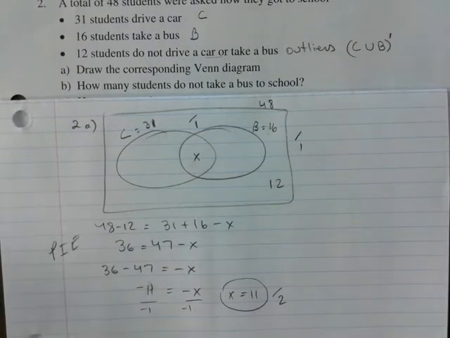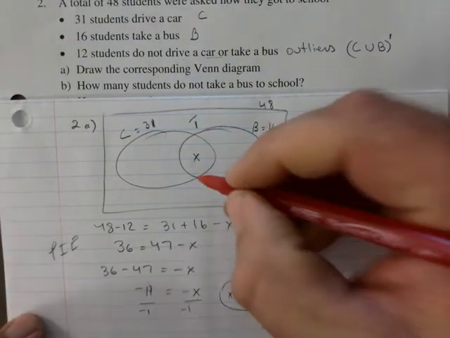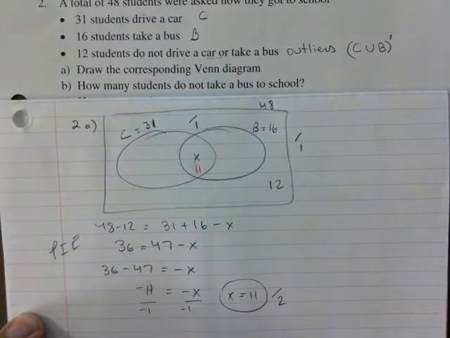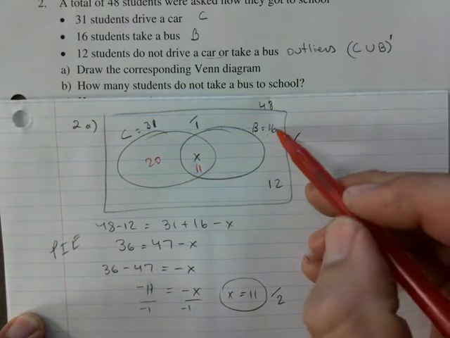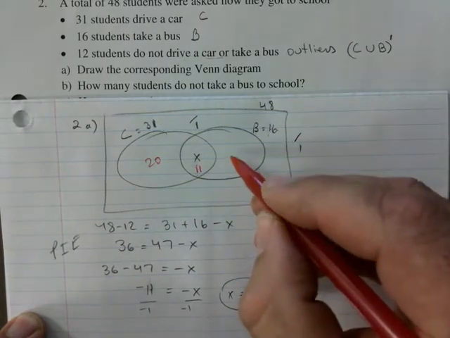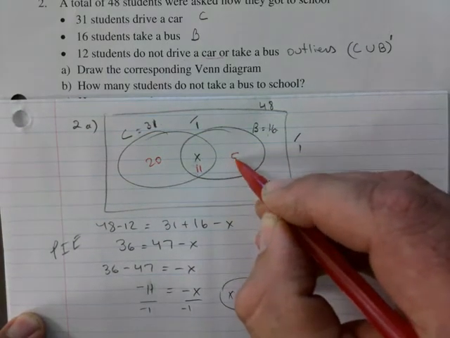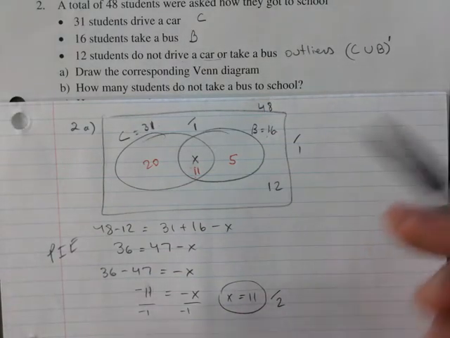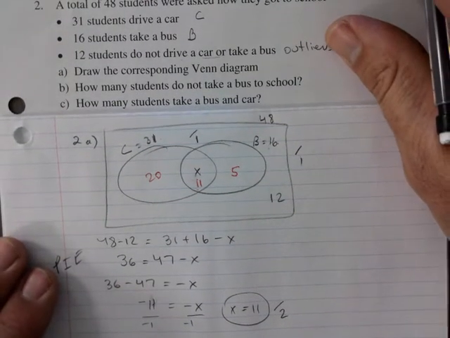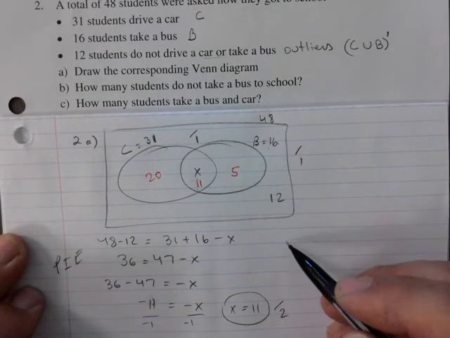I'm going to now fill in my Venn diagram. 11 is there. So this is 31 minus 11, that's 20. And 16 minus 11, that is 5. Okay. So that's the key that unlocks everything else. So I'm going to answer B here.